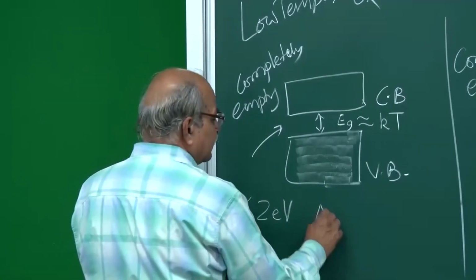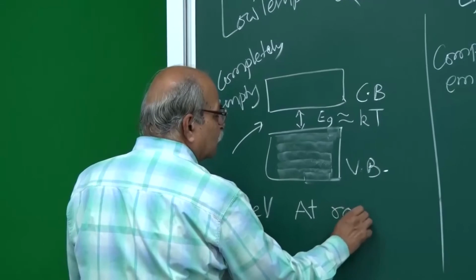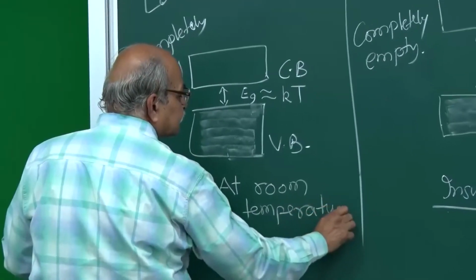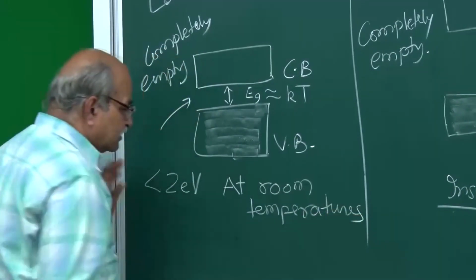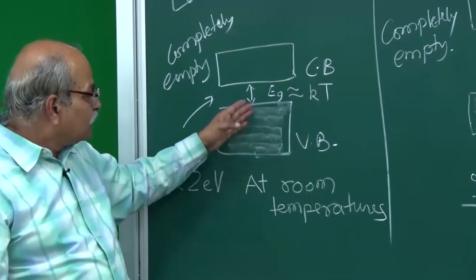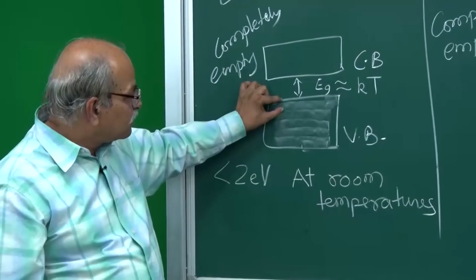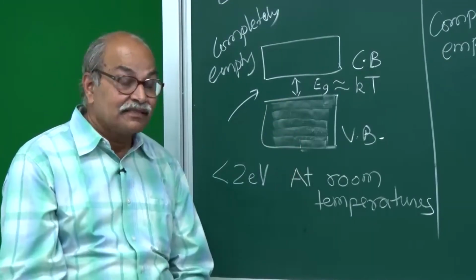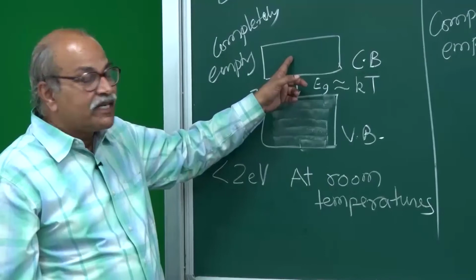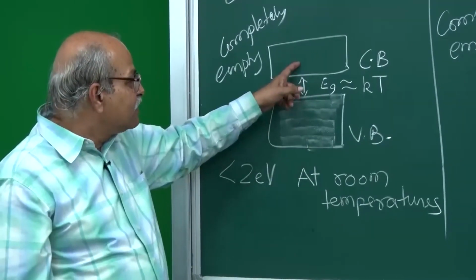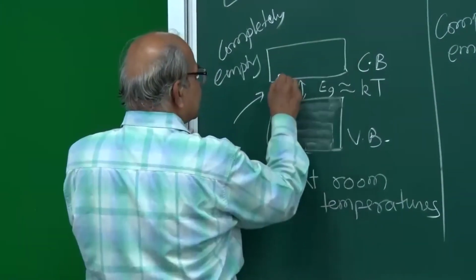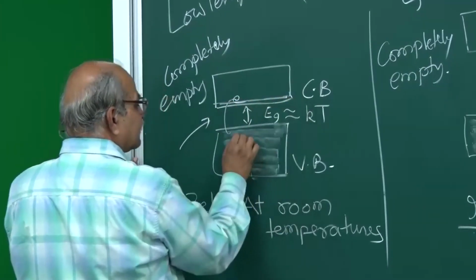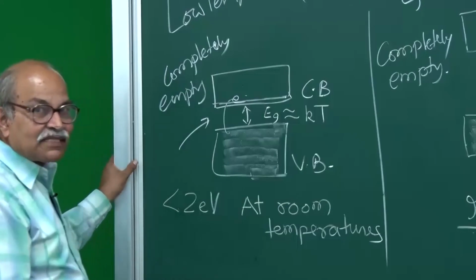So, at room temperature or at elevated temperatures or normal working temperatures, some of these valence band electrons, which are near the top of the band, can accept energy through these thermal interactions and move to the conduction band. There are all these empty states, and one electron going there will populate one quantum state, another electron will populate another quantum state.